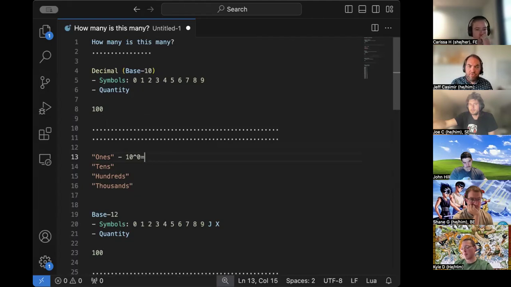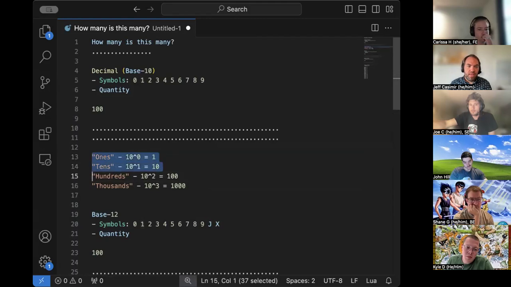And if you recall any algebra one, anything to the power zero is one. So the tens place is called such because it's 10 to the power one, which is 10. The hundreds place is 10 to the power two, which is 100. And the thousands place is 10 to the power three, which is 1,000.